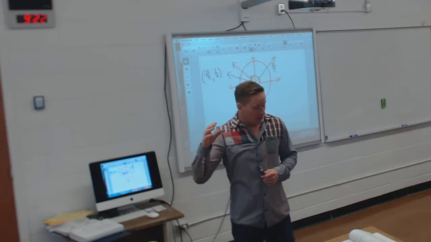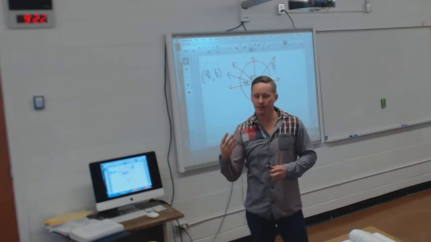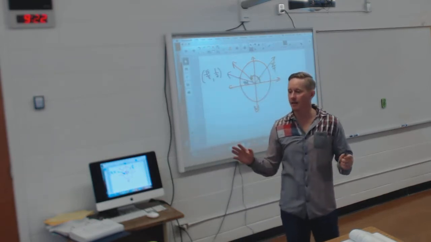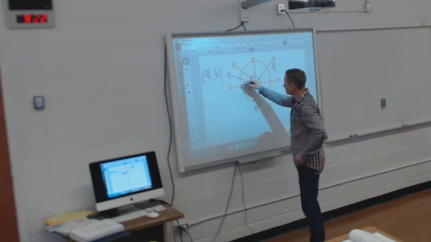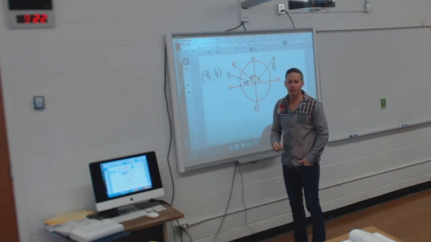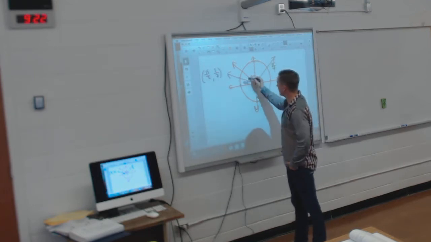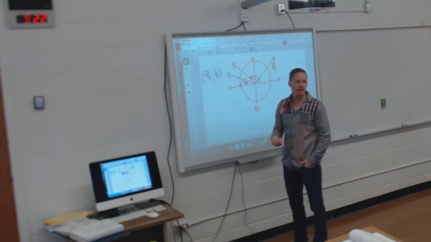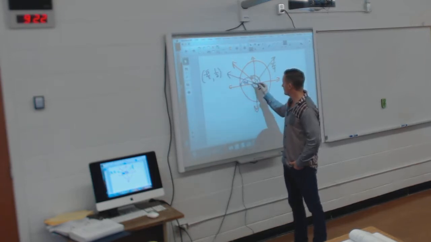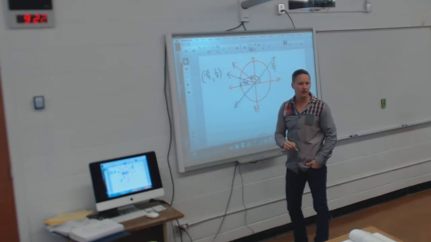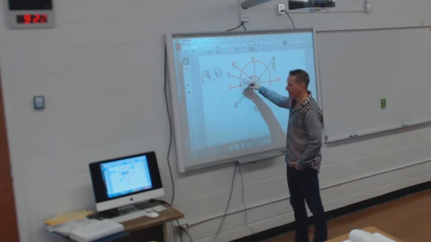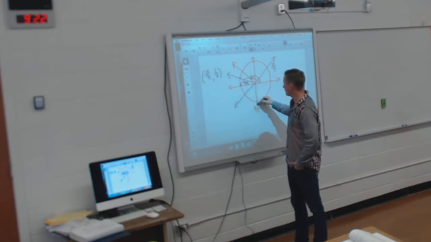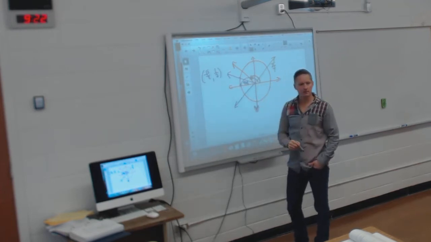Okay? 4 is a radian measure. It just doesn't have anything to do with pi. So where would it actually be? Well, pi is 3.14, right? So from here to here would be pi, which would be 3.14. 4 would be somewhere down there. It would be greater than pi, but less than 3 pi over 2. Correct?